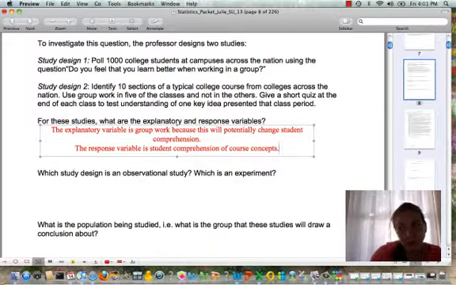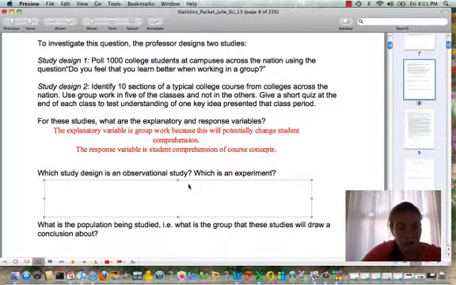So our observational study here is Study Design 1, where students are responding to the poll, but the researchers are not making any changes.